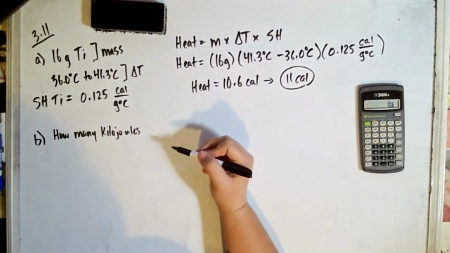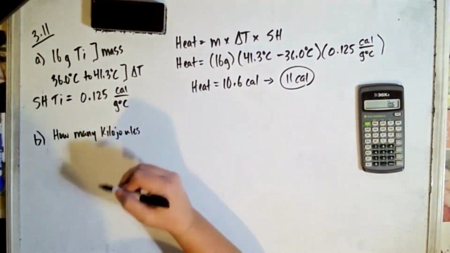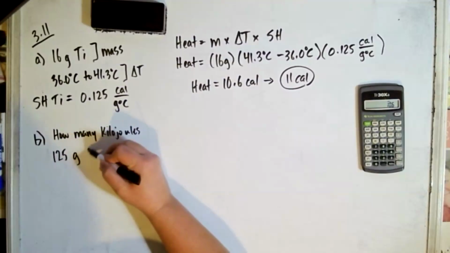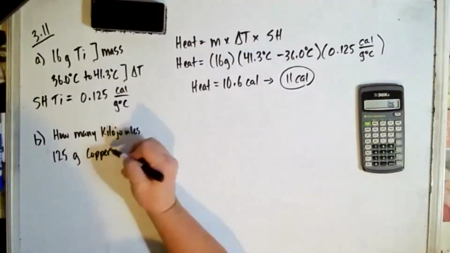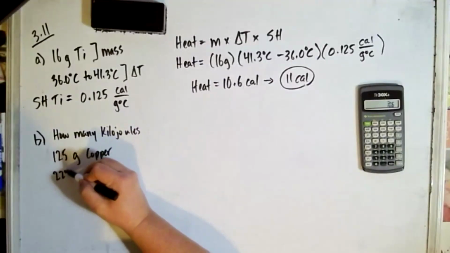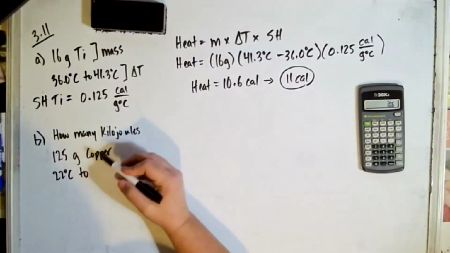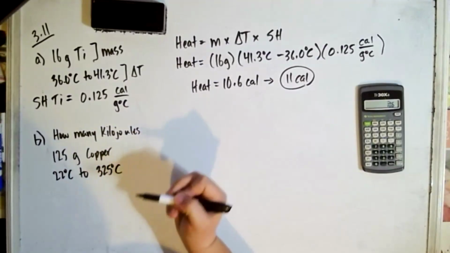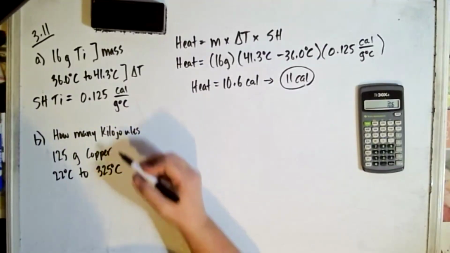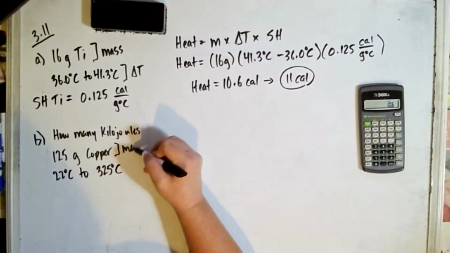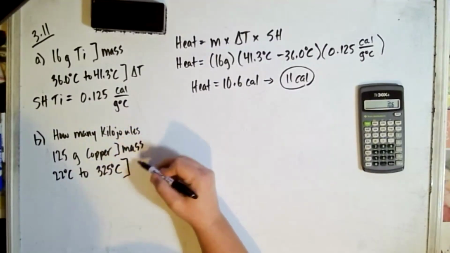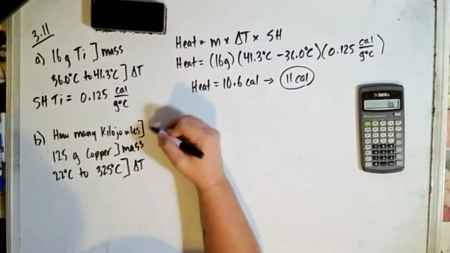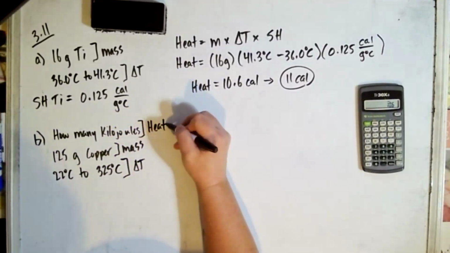How many kilojoules are needed to raise the temperature of 125 grams of copper from 22 degrees Celsius to 325 degrees Celsius? Okay. And so again, this is our mass. This is our delta T, our temperature change. What they're asking us to find is our heat.